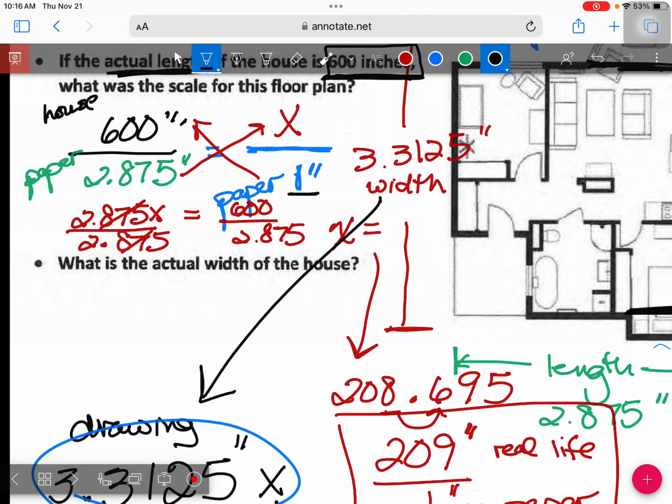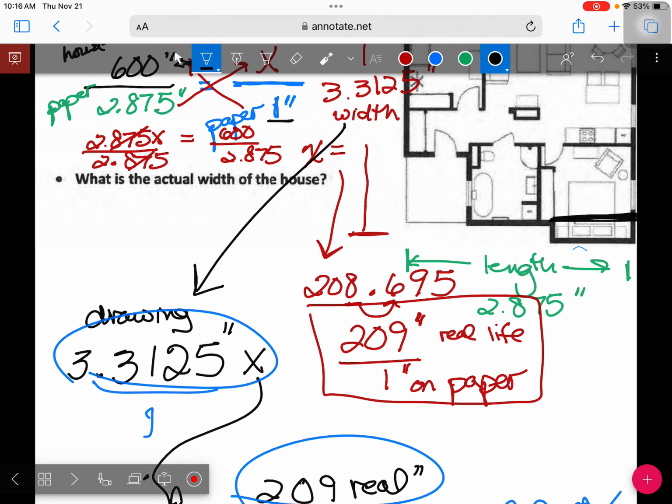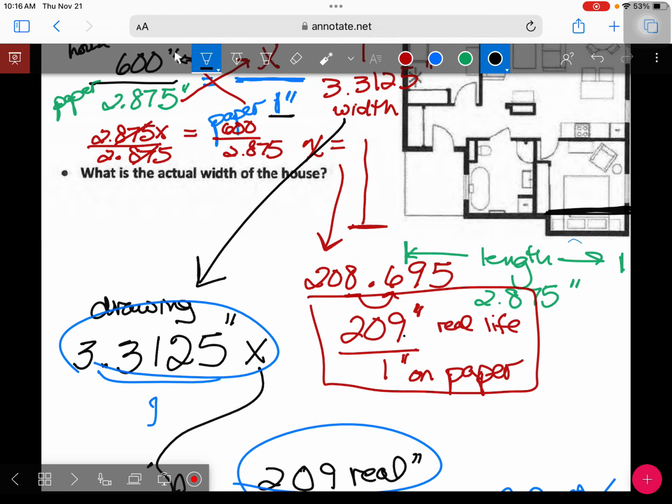Yes, because you're still using 600 inches for the actual length of the house and 2.875. It's just that for a 1/2 inch, we would get 104.5. It would be half as much, but that is still to scale, as they say.